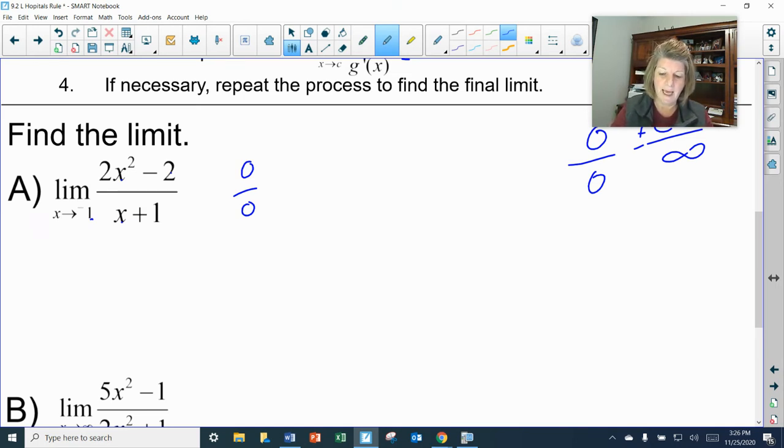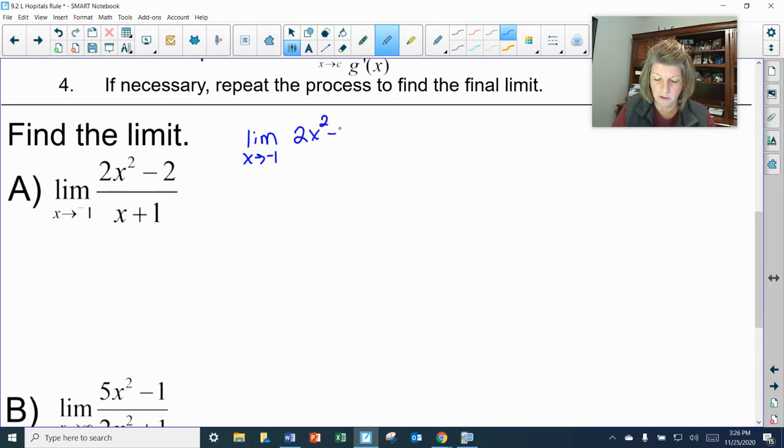However, if it is on a free response question, what we need to do is work off to the side: 2x squared minus 2 goes to 0. I need to make that statement, and I need to make a separate statement about the denominator, that x plus 1 goes to 0.